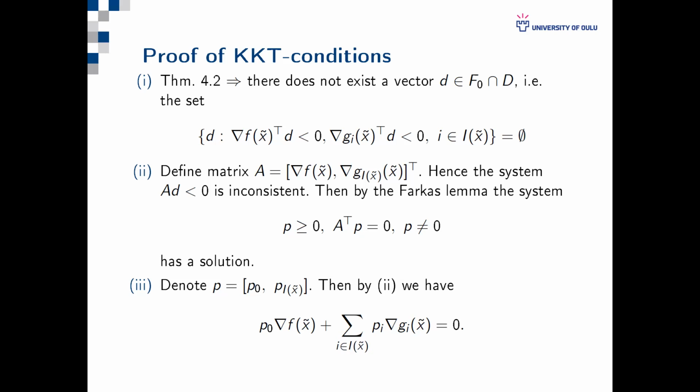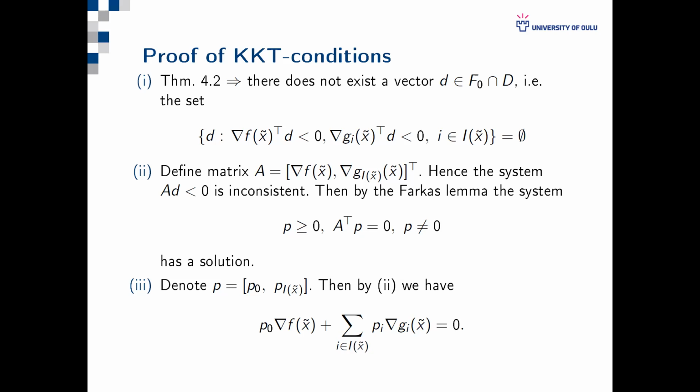What is the matrix A transpose? The first column of A transpose is the gradient of f, and the rest of the columns are the gradients of the constraint functions. So A transpose times p is this linear combination, and it must be 0. And we know that this vector p is non-zero.